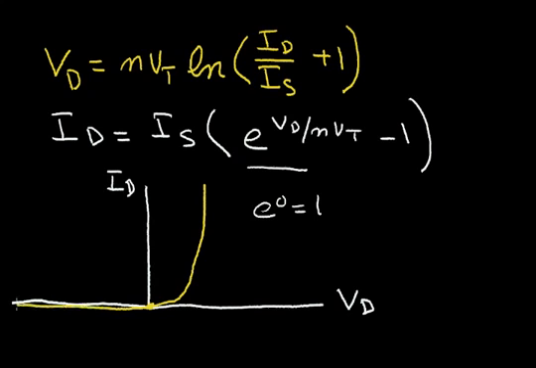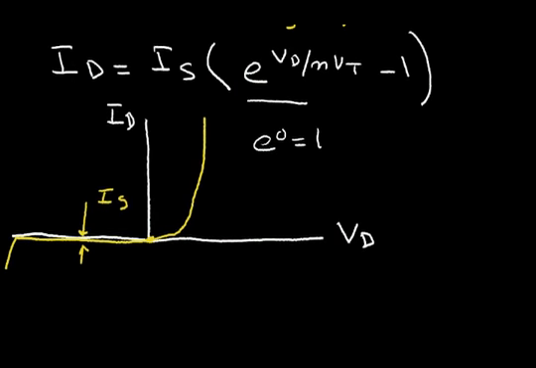Eventually the diode will break down, but the breakdown voltage is not modeled in this equation. This very tiny current is the I sub S, or the diode saturation current. That's the current when the diode is reverse biased, and it's very small.